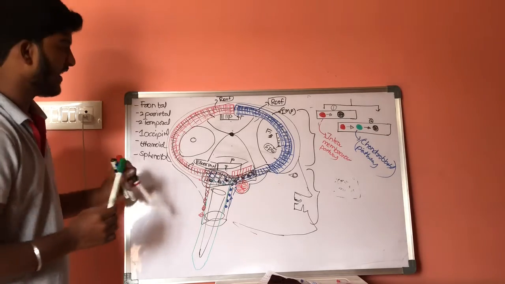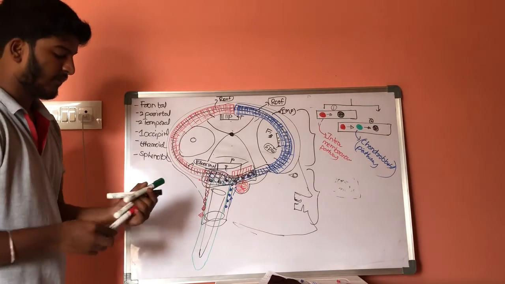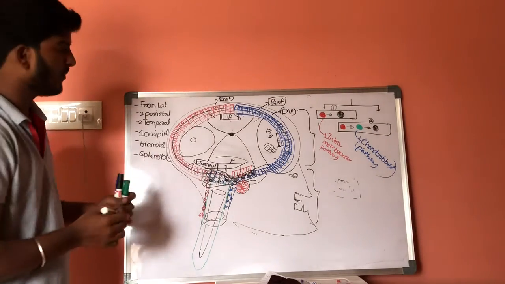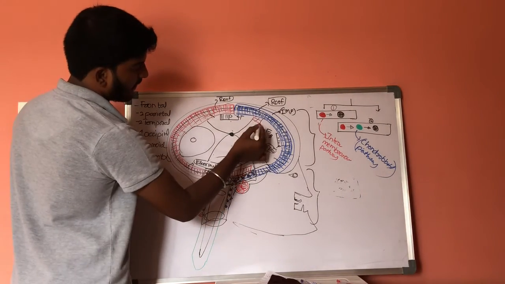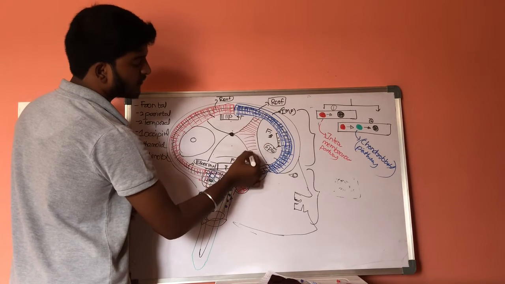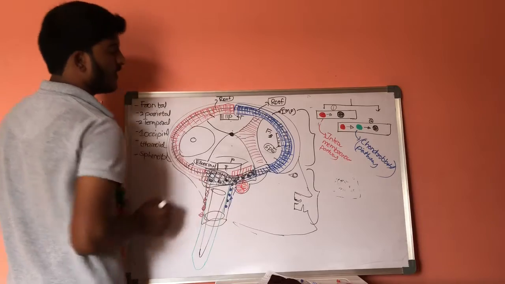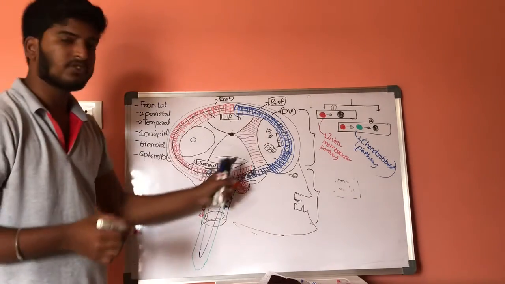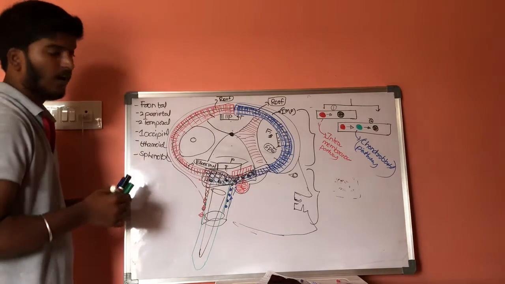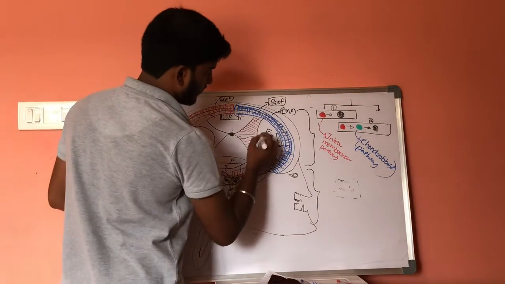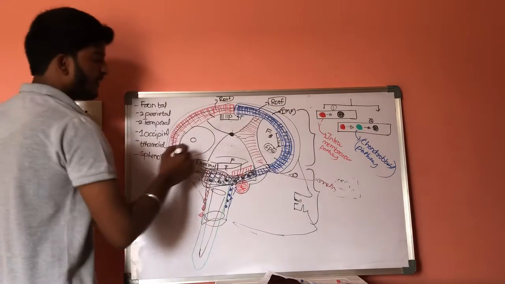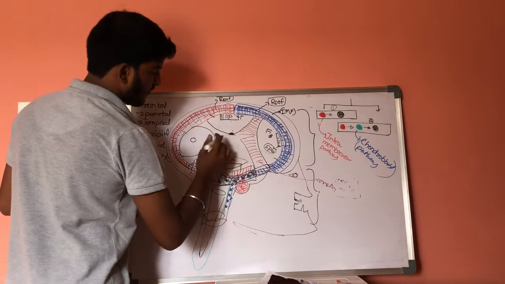In between these cranial bones there are special fibrous connective tissues which are immovable in nature, and these are called sutures. The suture present between the frontal bone and the 2 parietal bones is called the coronal suture.